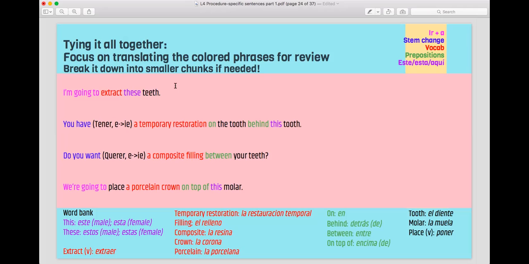Anyone want to take a stab at the second sentence before we move on? We might have to move through these a little quickly. Also, the vocab words are at the bottom if you need to take a second to piece that together.